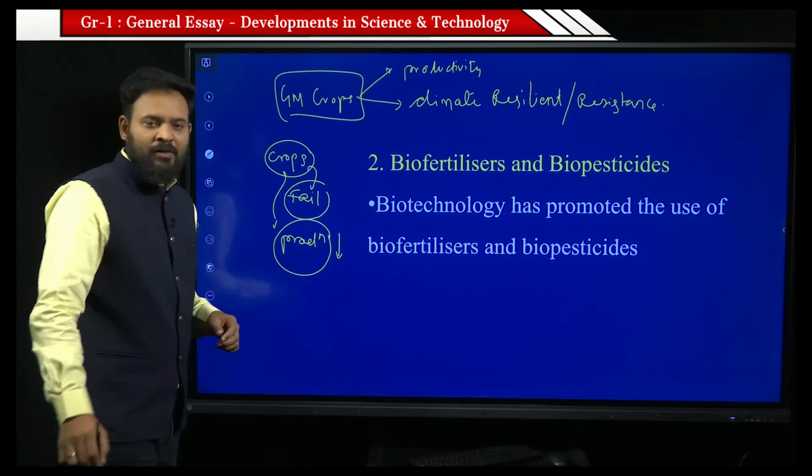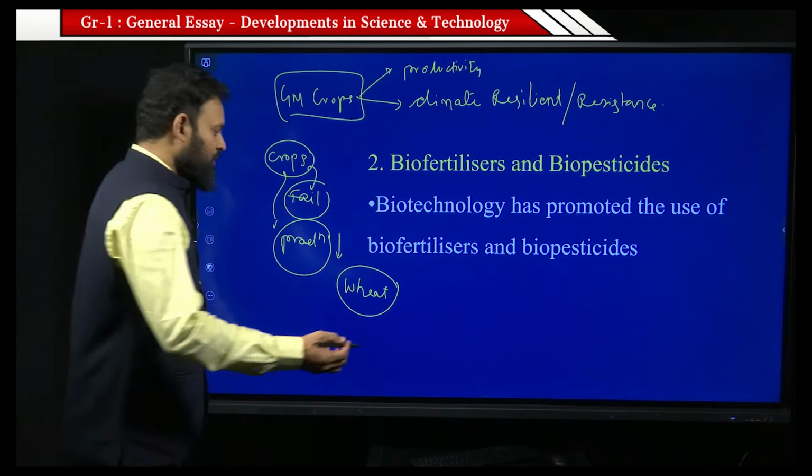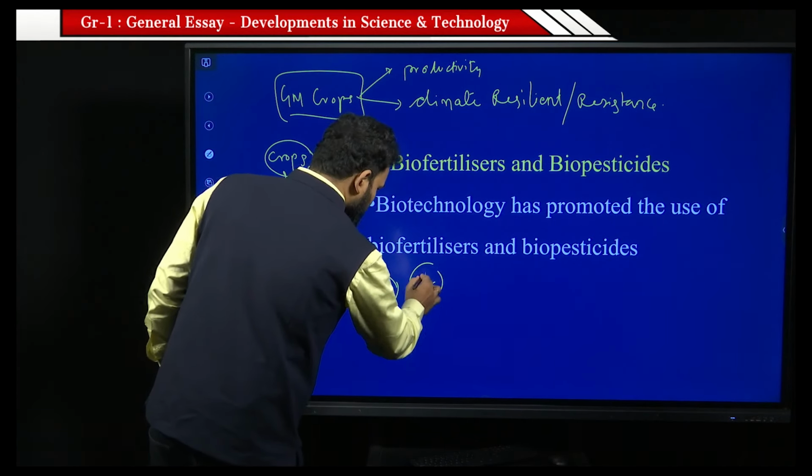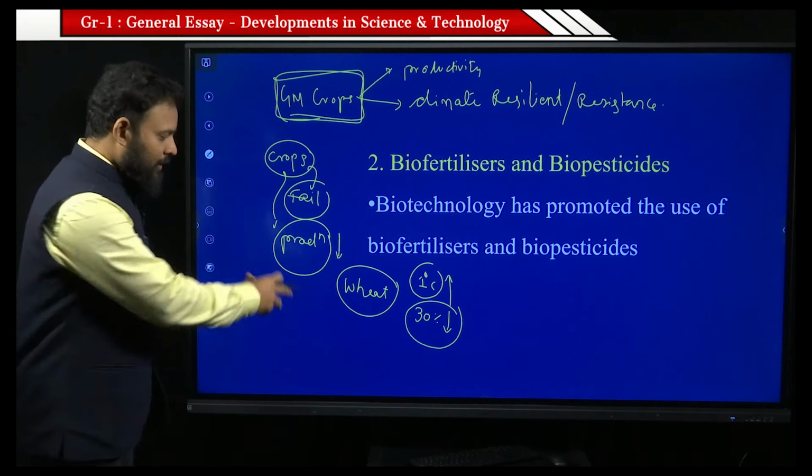For example, wheat is very temperature sensitive. With a 1 degree rise in temperature, it may lead to a 30% reduction in production. So in that context, GM crops, genetically modified crops, will help you address these problems.